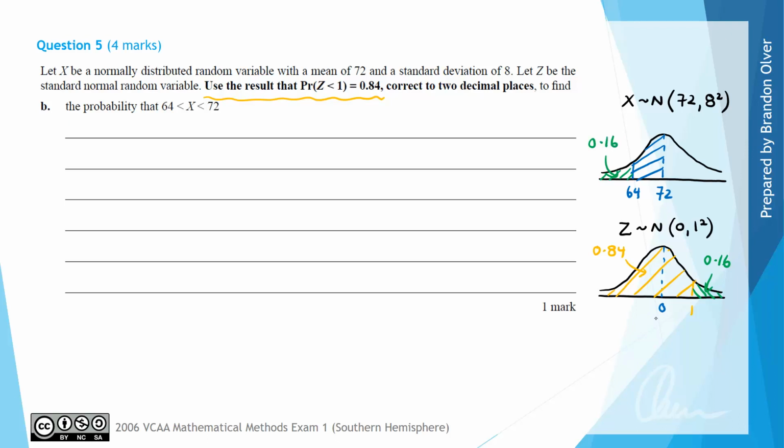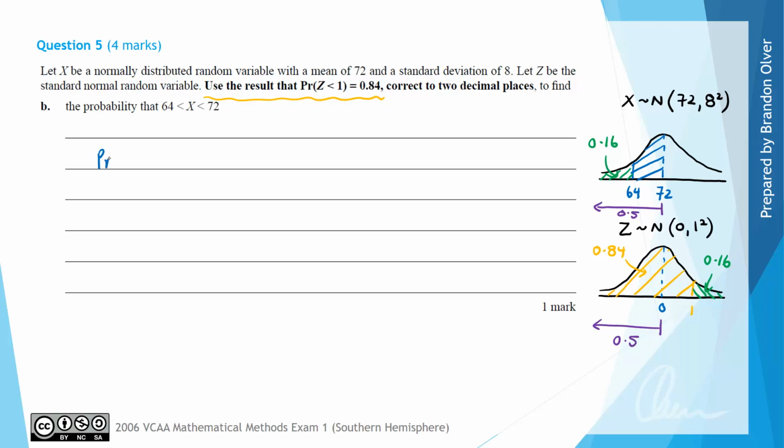We have one more property of this curve, which is that the probability that it is less than the mean is 0.5, and that also applies to the distribution up here. So that total probability should be 0.5 when it's less than 72.